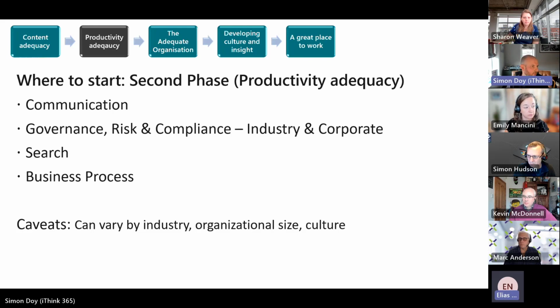And then, very important in productivity, is how we can start leveraging these tools to improve our business processes, automating key business processes, and enabling people to do their day jobs and do the important things within the organization. And that caveat still applies.